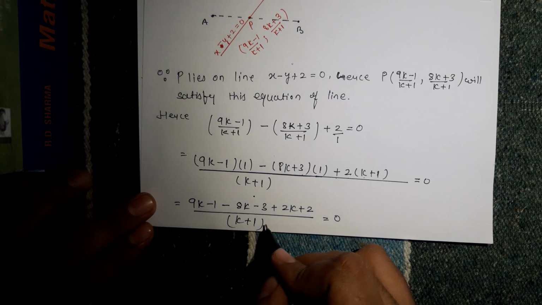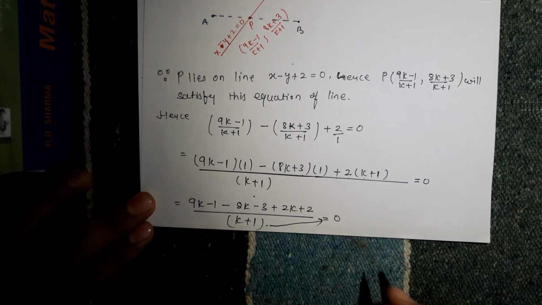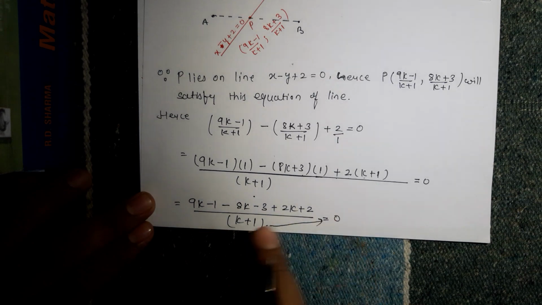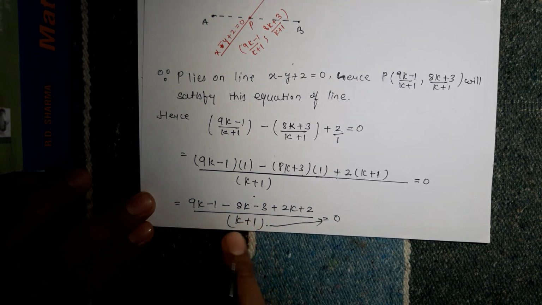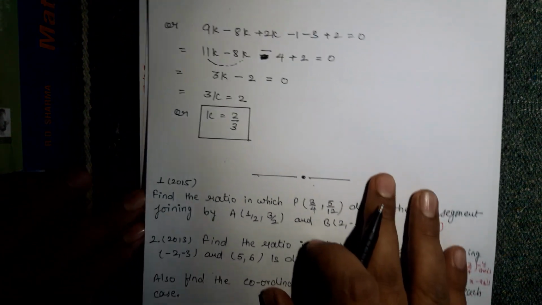Since k plus 1 is in the denominator, we can transfer it to the right hand side. Then 0 multiplied by (k plus 1) is 0, so we get the equation 9k minus 1 minus 8k minus 3 plus 2k plus 2 equal to 0.